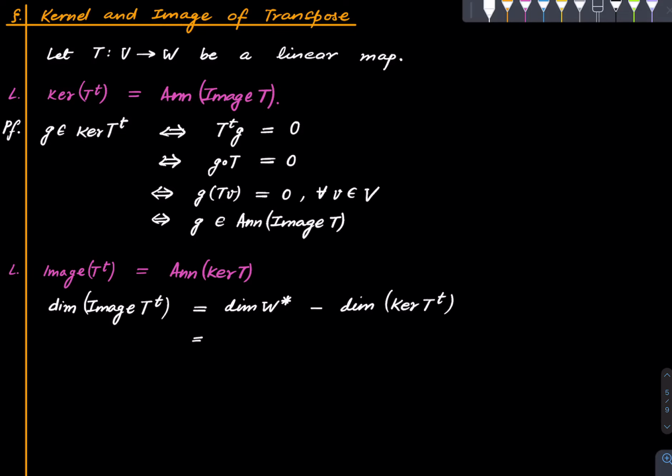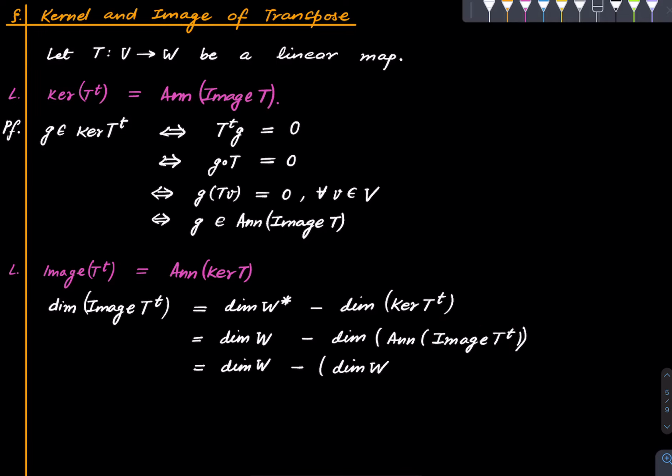Which is equal to dimension W, because the dimension of the dual is the same as the dimension of the parent, minus the dimension of the annihilator of the image, as we just calculated. All right, but as we recalled, the dimension of the annihilator is the dimension of the parent space, which is W, because, sorry, this is image T. That is what we proved. So annihilator of the image of T is what we are concerned with.